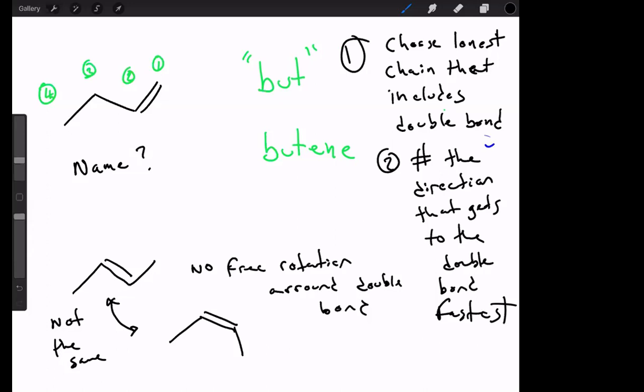So we could have numbered it 1, 2, 3, 4, but that numbering sequence is incorrect. The numbering sequence shown before, where I number the double bond at number 1, that's the correct numbering pattern. So in this case, you have two different choices.